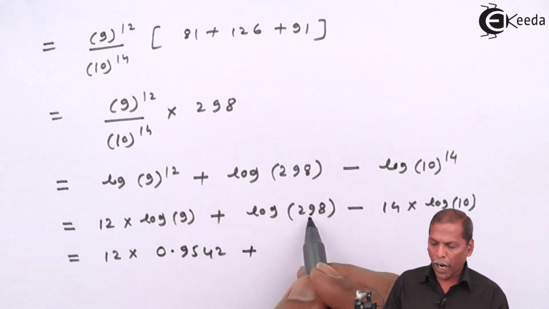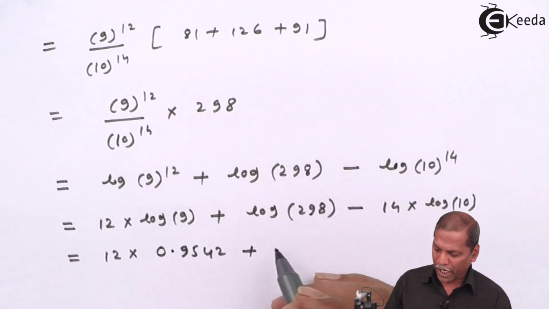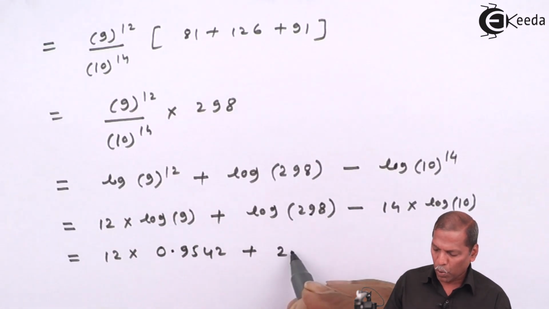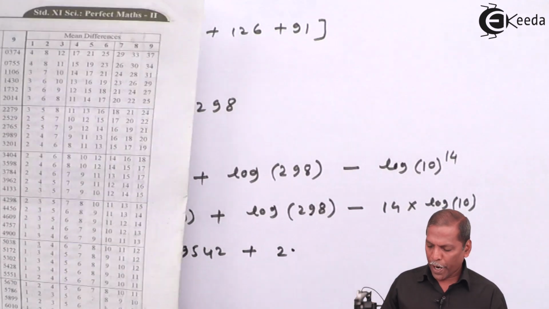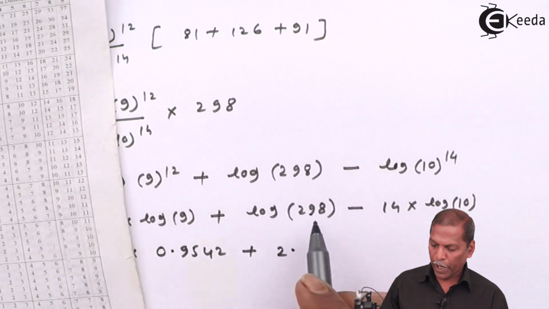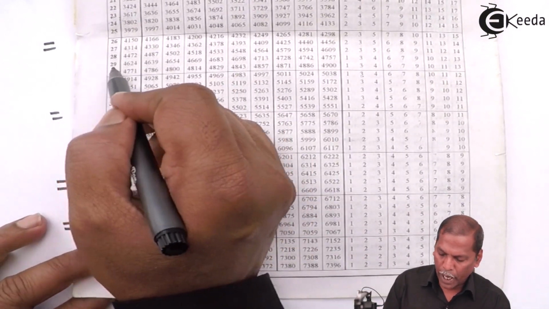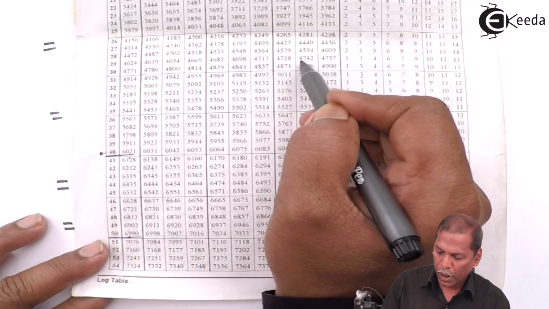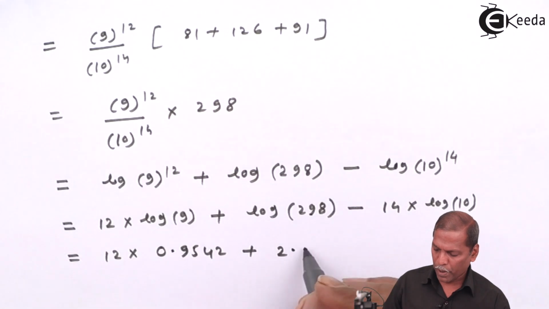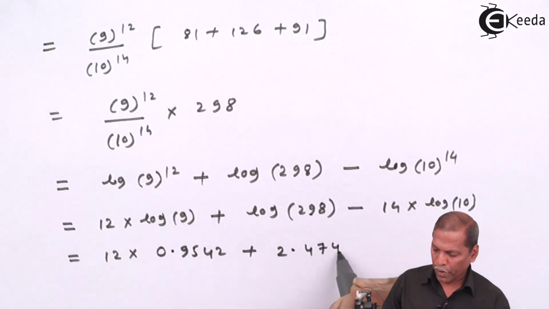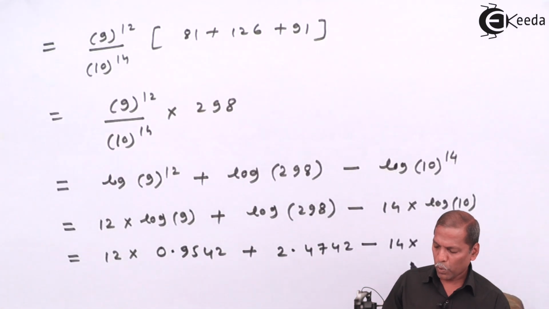Now here 298, it means there are totally 3 digits. So the characteristic is 2 point. Now we have to find 29 under 8. So log of 29 under 8 is 4742. So it means we get 2.4742. Then minus 14 into.